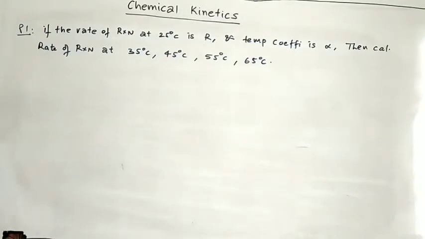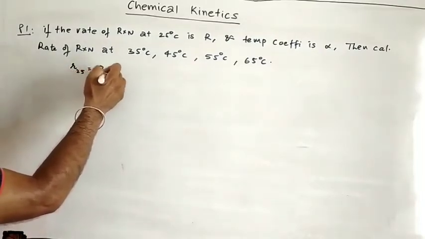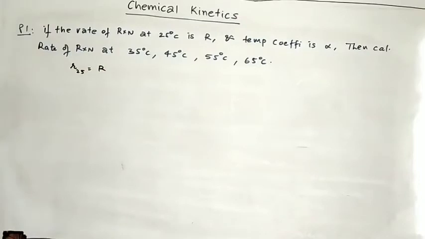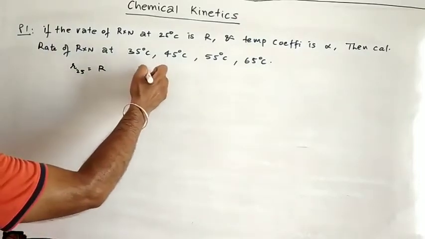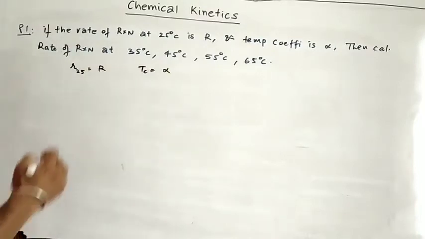So now how to solve this? We know that the rate at 25 degree is R. Temperature coefficient is alpha. What is alpha by definition?